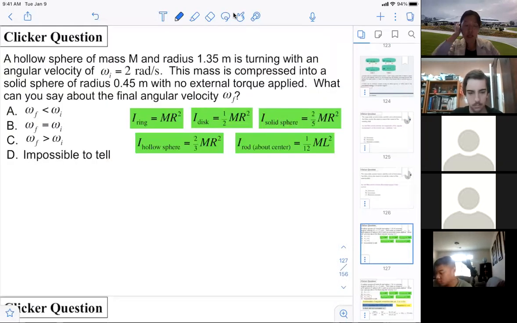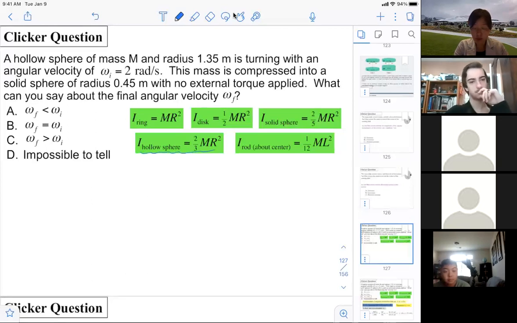Okay, so let's look at another question here. Comparing different shapes. Previously, both of the shapes were a disk. Let's look at different shapes. We have a hollow sphere, and we already know how to do an I for a hollow sphere. That's among the list of the rotational inertias.